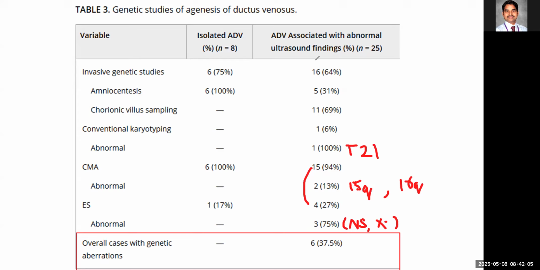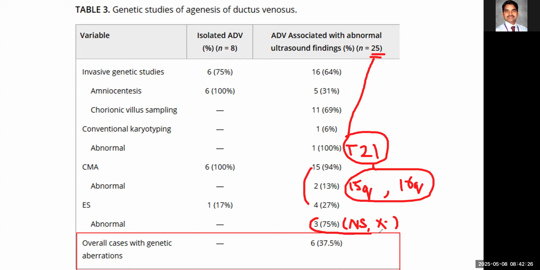So of the 25, these 3 would have been excluded. So I'm just thinking, if you go stepwise, then we would still have to offer testing to 23 women to find out these 3 cases. Okay.